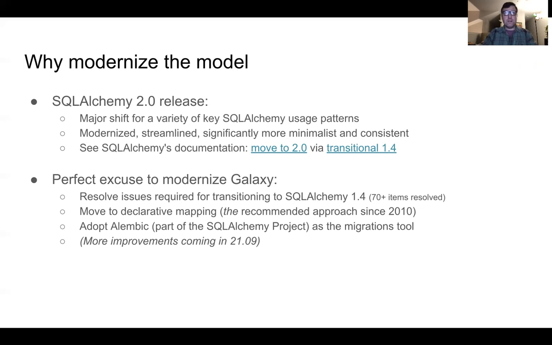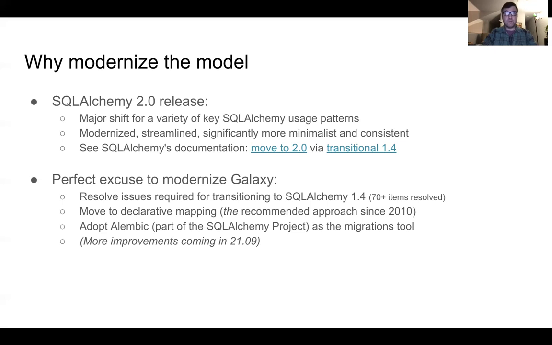According to SQL Alchemy, the focus of this release is a modernized, streamlined usage model that will be significantly more minimalist and consistent, as well as more capable. The transition of Galaxy's code base to adopt this release involves considerable modifications, which is a perfect excuse to revise and improve Galaxy's data model.